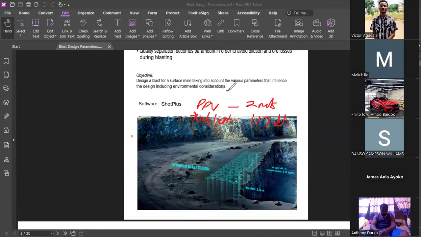So these are the environmental considerations, in millimeters per second. These are the environmental thresholds that you have to look at.